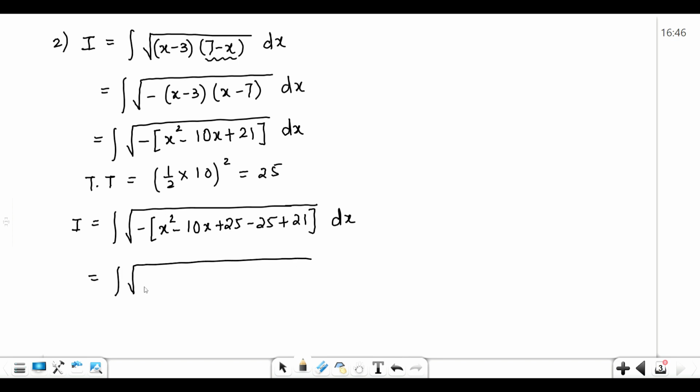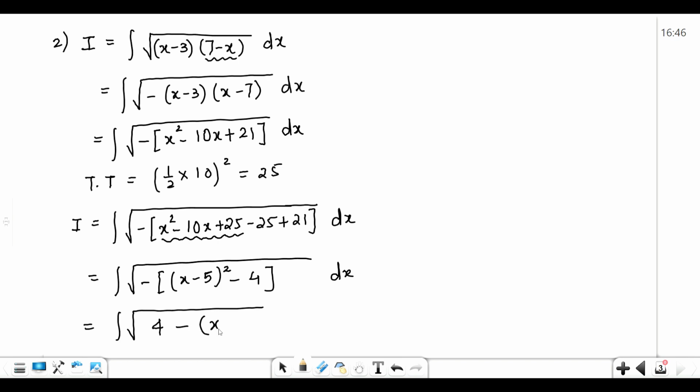After this, again minus, and for these three terms we can write the square, that is (x minus 5) the whole square, and minus 25 plus 21 gives you minus 4, close the bracket. Now integration, again square root, dx. Now you can multiply the minus inside, that gives you 4 minus (x minus 5) the whole square dx.